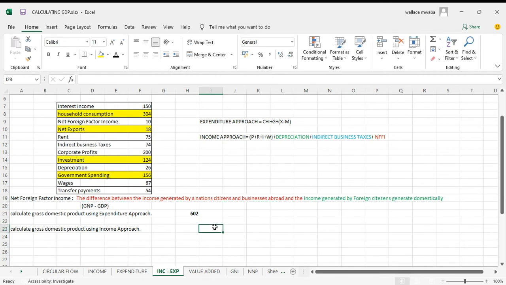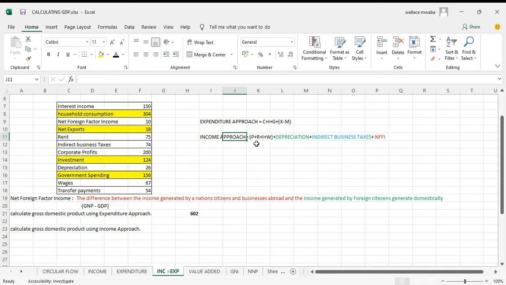So remember, whenever you spend money, that money which you have spent is also somebody's income. So ideally, the income approach must equate to the expenditure approach. In the income approach, we find the gross domestic product first by finding our national income.